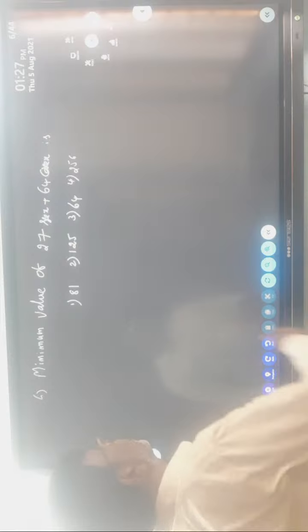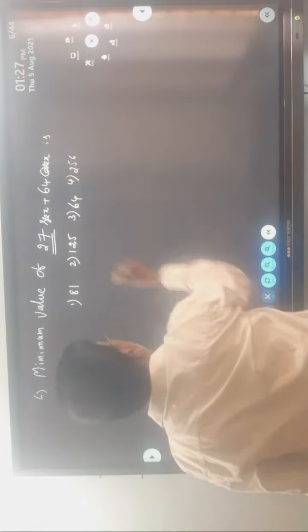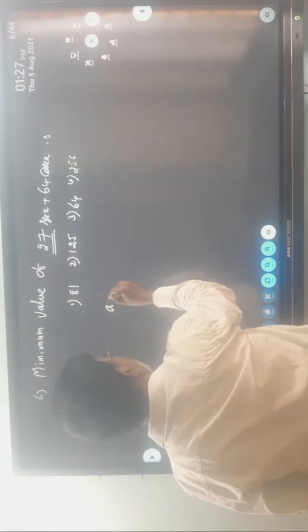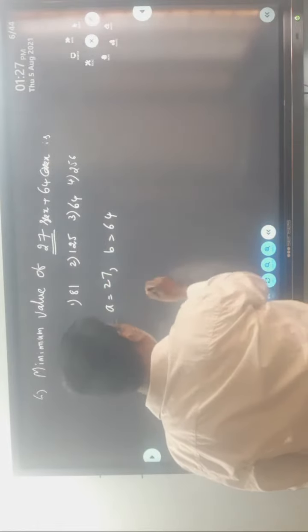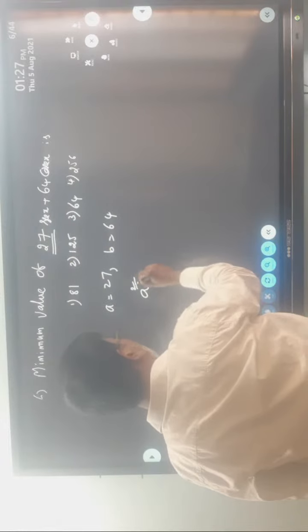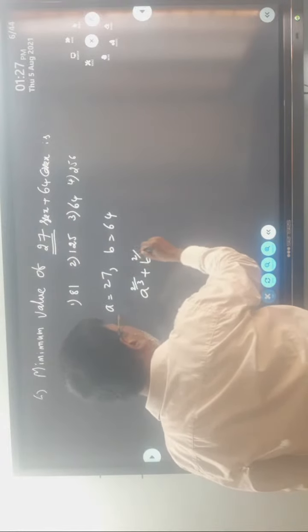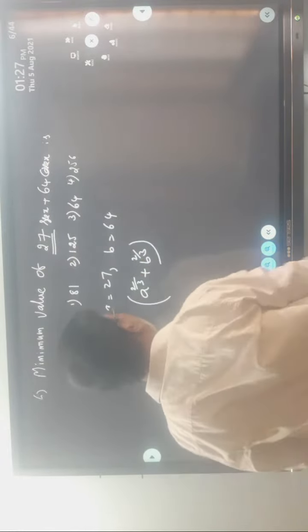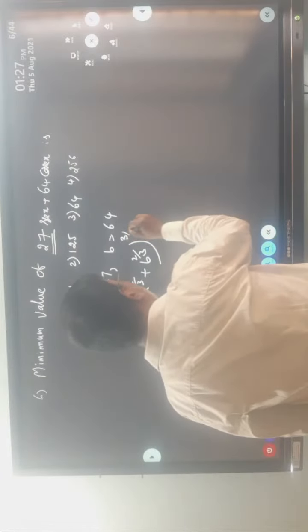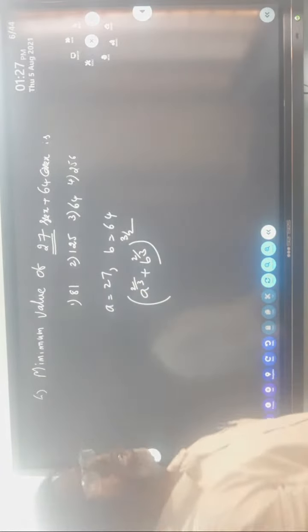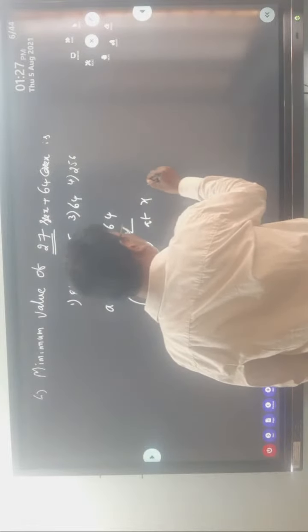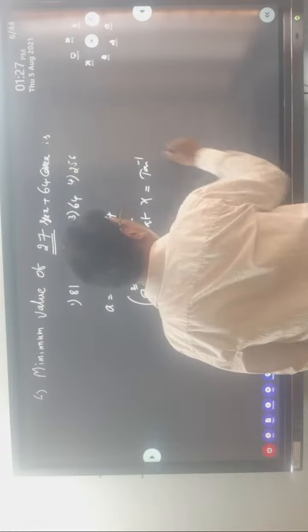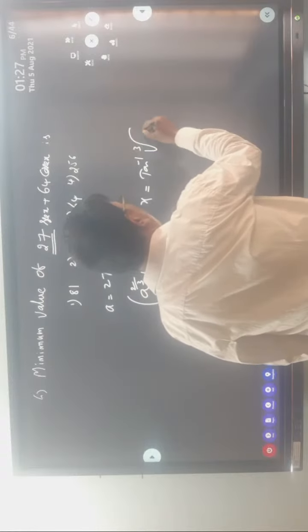Remember the shortcut formula, where A is 27 and B is 64: A power 2 by 3 plus B power 2 by 3, whole power 3 by 2. Previously I explained that. This is at x equals tan inverse of the cube root of b by a.